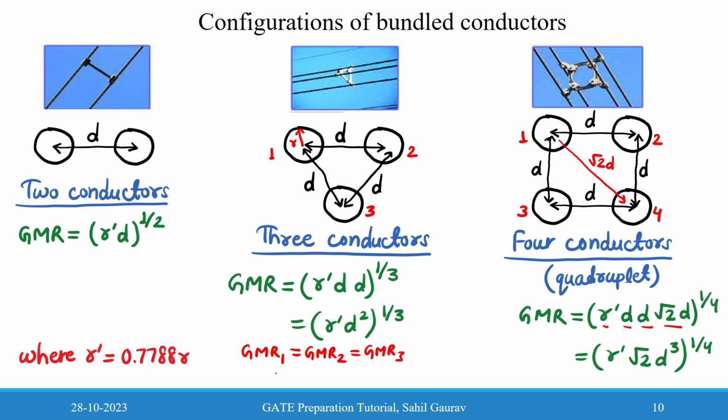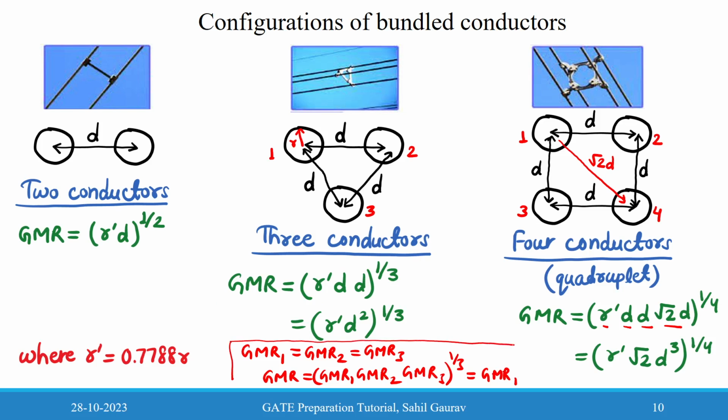So if you take the whole GMR, that will be GMR1, GMR2 and GMR3, and this is also equal to GMR1. That's why we are writing it directly like this. No need to go through these basic points.